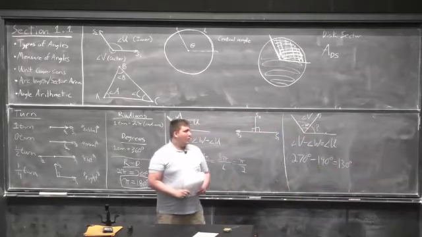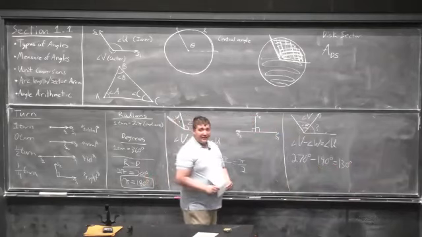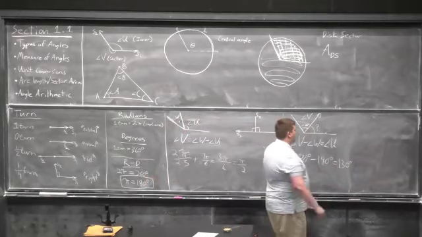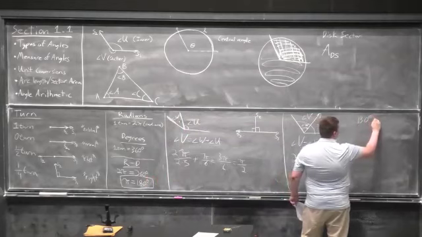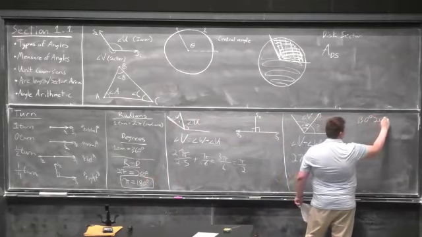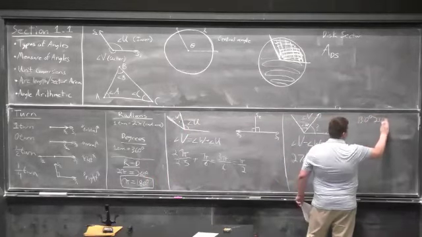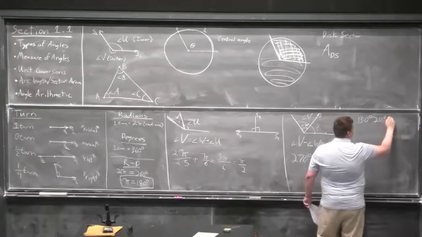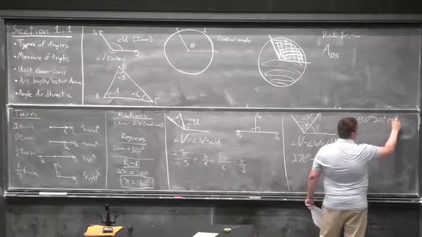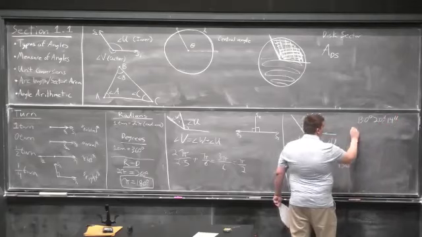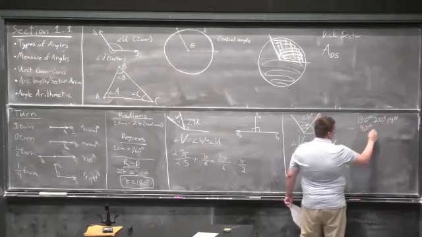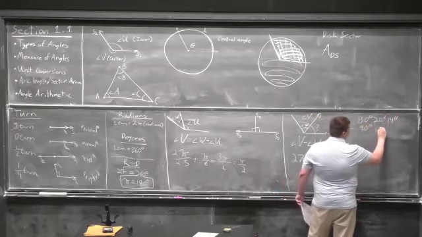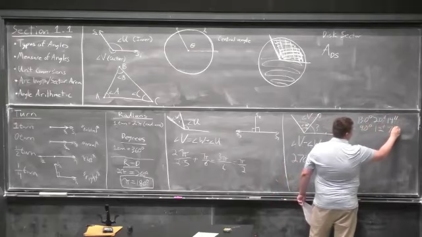Okay. What about degrees, minutes, seconds? What if I have 130 degrees, 20 minutes, and 14 seconds? And I want to subtract 90 degrees, 12 minutes, and 7 seconds.